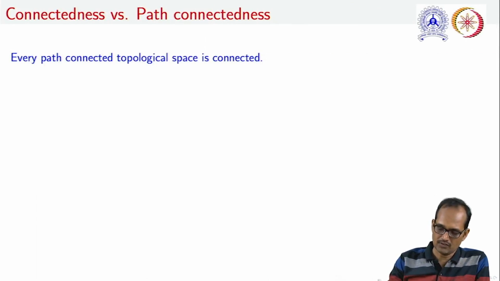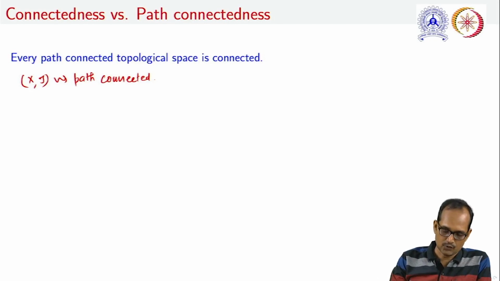In order to justify it, let us take a topological space (X, tau) and assume that this is path connected. Our motive is to justify that this space is connected too.